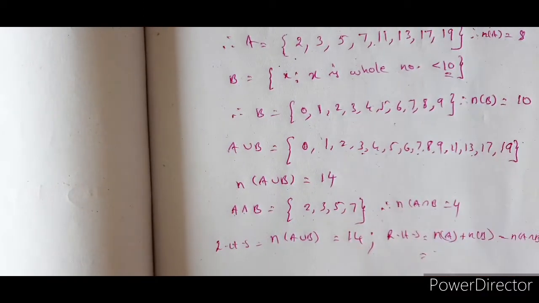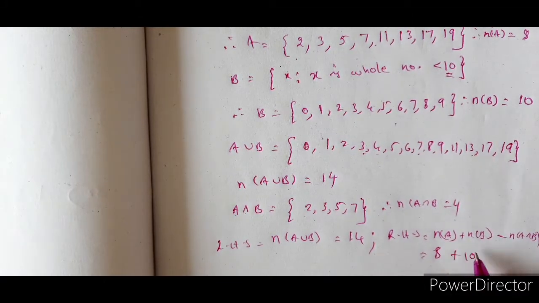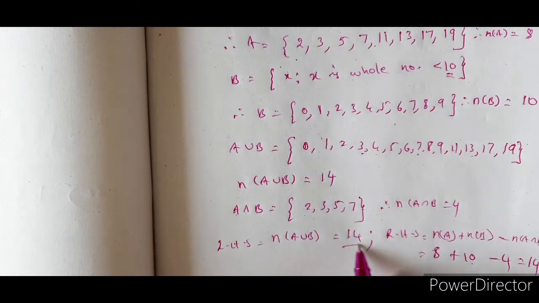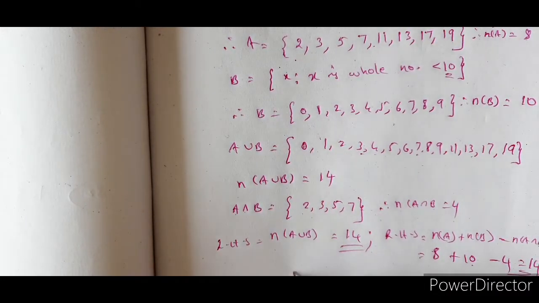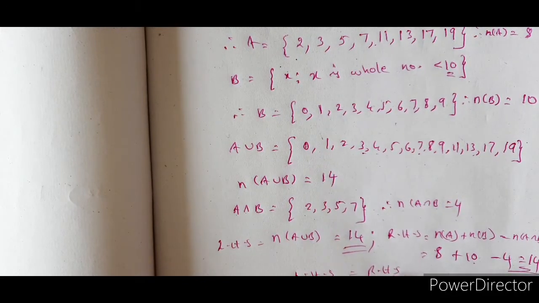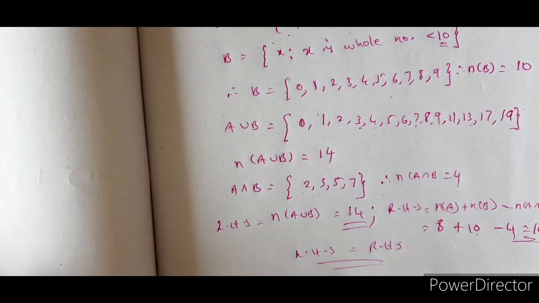Order of A we got to be 8. Order of B 10. Intersection 4. 8 plus 10, 18 minus 4 is equal to 14. So, LHS is equal to RHS, hence proved. Please note it down.